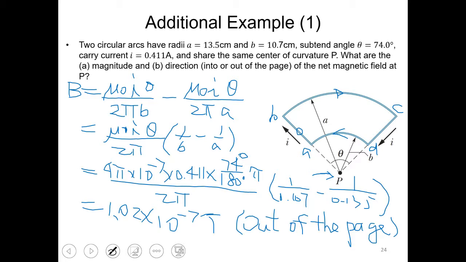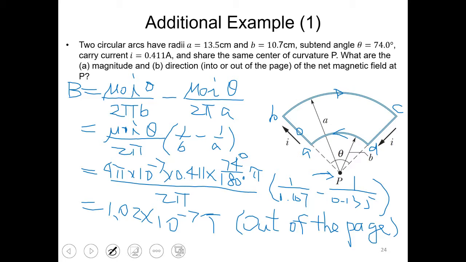Or actually, you can assume something like mu0 I theta over 2 pi a minus mu0 I theta over 2 pi b, and then the positive direction will be into the page, and finally you get a negative answer.